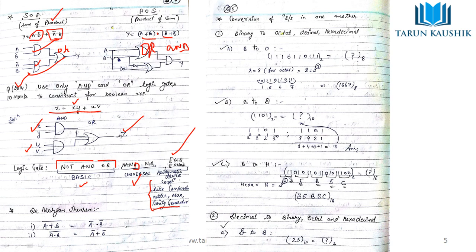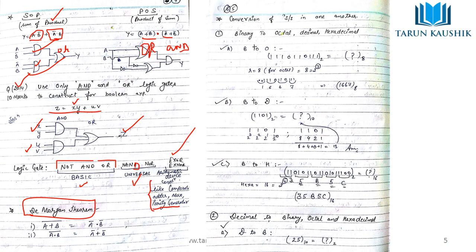Okay, so the next point is De Morgan's theorem. This is a very important theorem because many questions can be asked on it. No question has been asked yet, but it can be asked anytime because it is very important. Just see, (A plus B) whole bar equals what? What is the process? You are required to remove the bar from the complete expression.